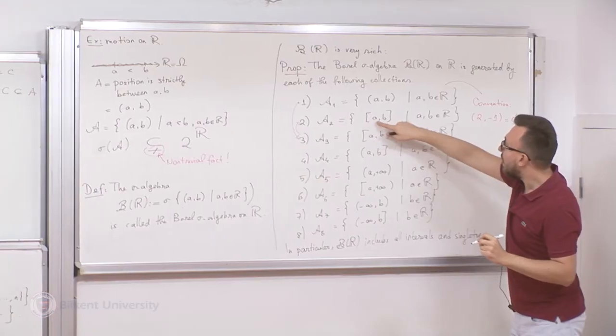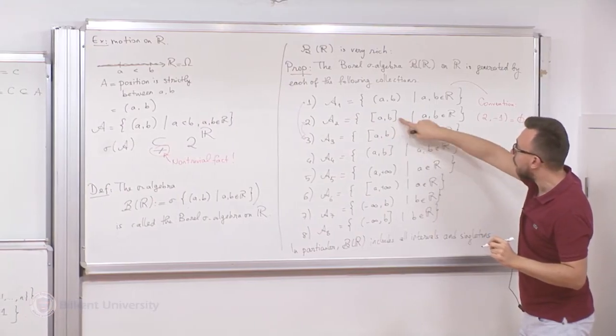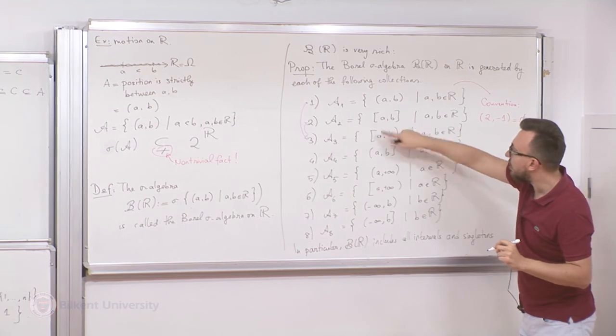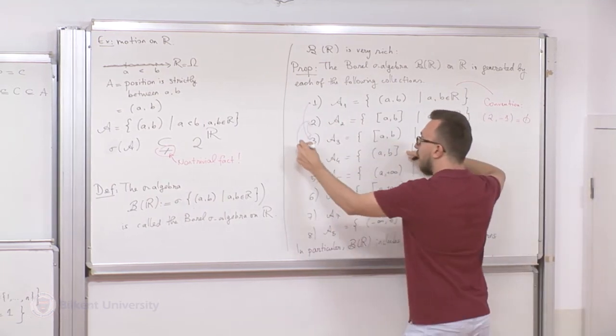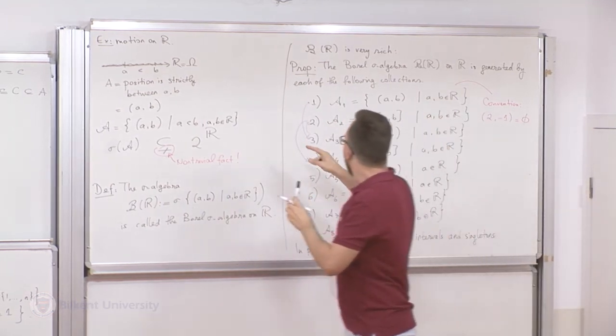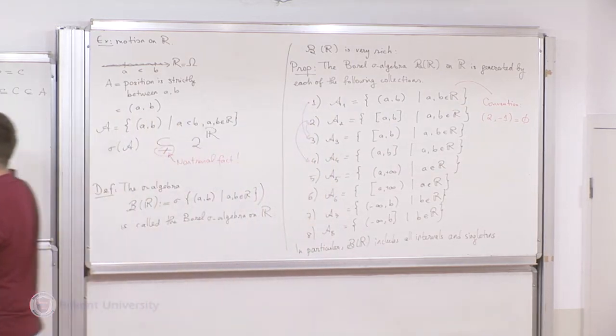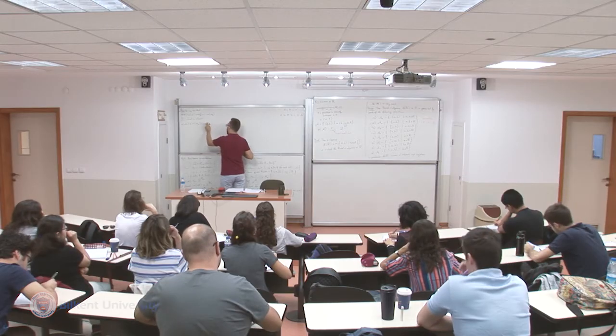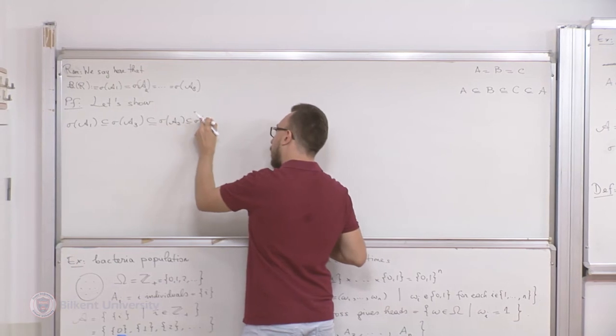Now I have A and B, B closed, I can pass to 4. B's are the same, A changes. Let me write it. 1, 3, 2, 4.